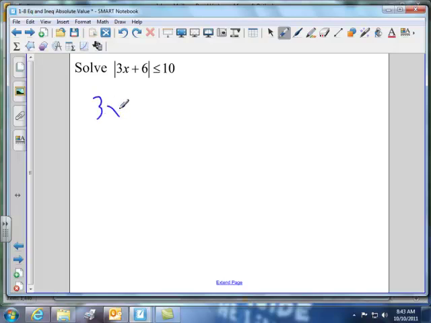Since this is a conjunction, since this starts off as less than or equal to, then in solving this, I could write the conjunction negative 10 is less than or equal to 3x plus 6, which is less than or equal to 10. And then you go through and you solve that conjunction. Of course, we're going to subtract the 6 from both sides and divide through by 3, and that will solve our conjunction.